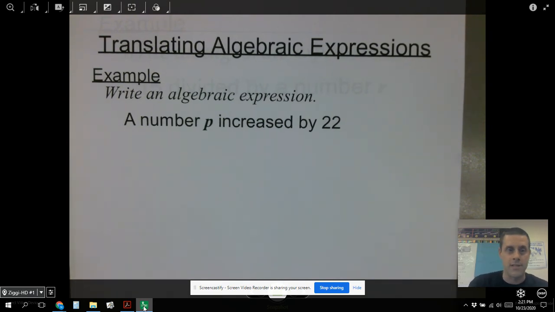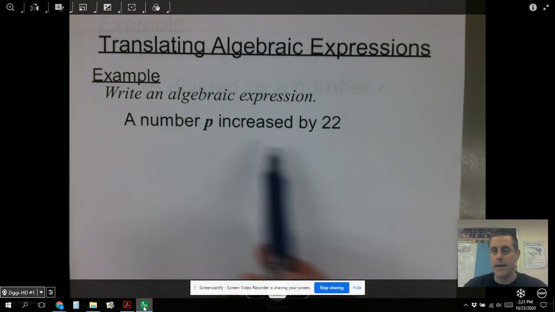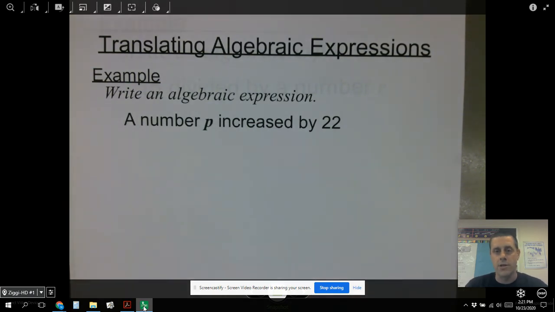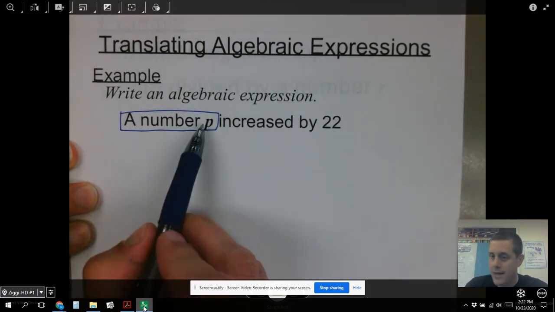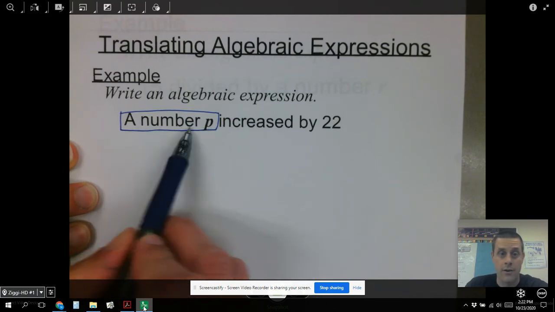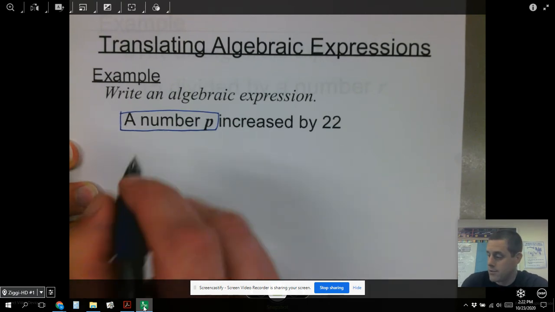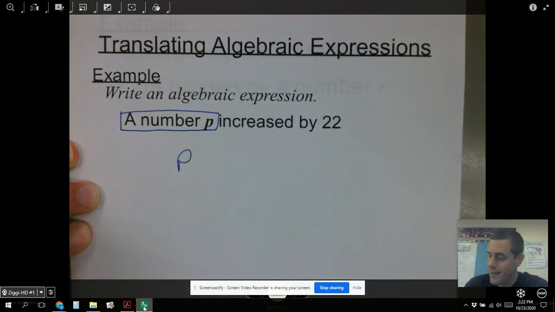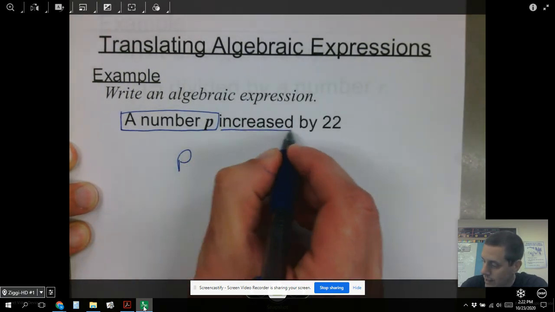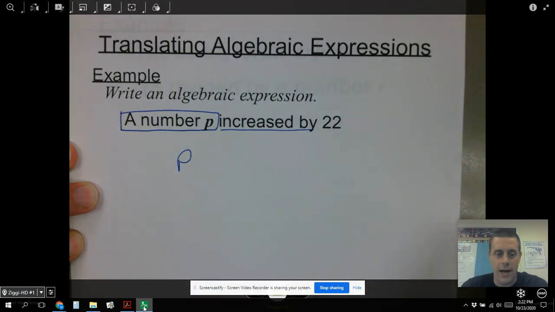So our first example is back on the screen, a number p increased by 22. If you want to grab a sheet of paper and work through this with me, I think it'd be very helpful for you. Let's start with the first part of this. We have a number p. Now, p is a variable representing an unknown value, a number we don't know. So to represent that unknown number, we are just going to use the variable p. Next, we have the phrase increased by.